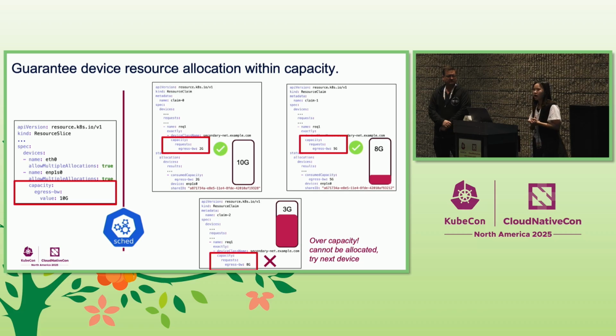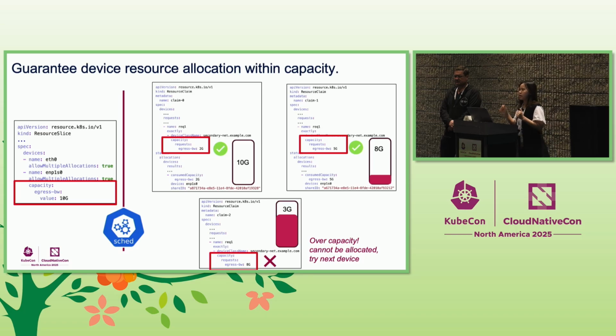The third thing, and John already mentioned most of these concepts: when we allow a single device to be allocated by multiple resource claims, we have to make sure their accumulated, or aggregated, capacity never exceeds the capacity of the device.